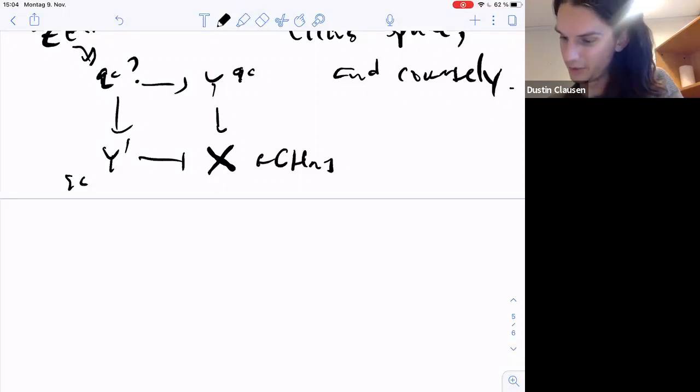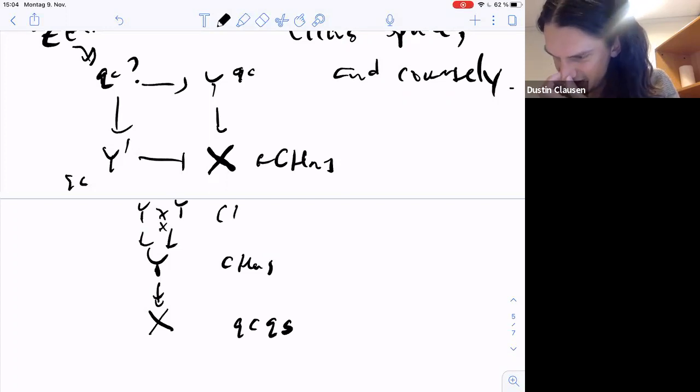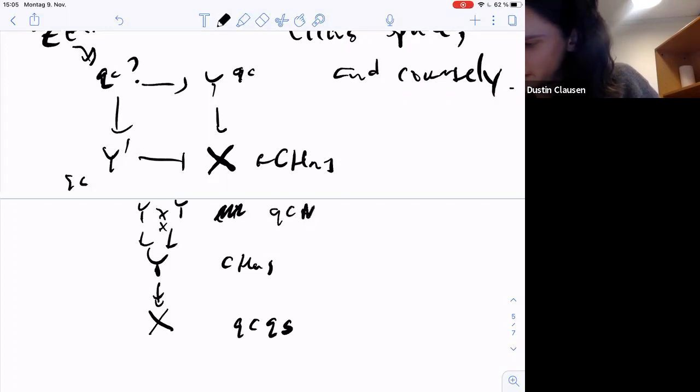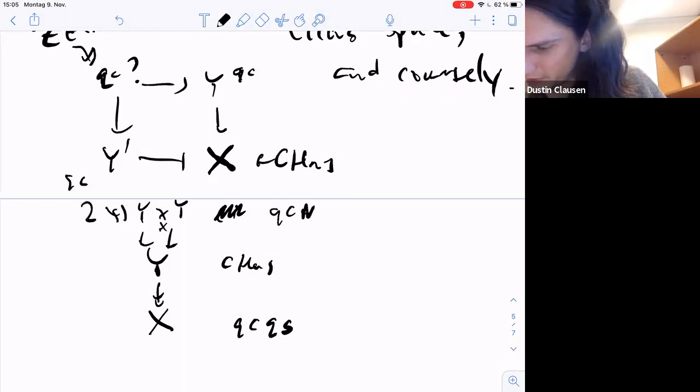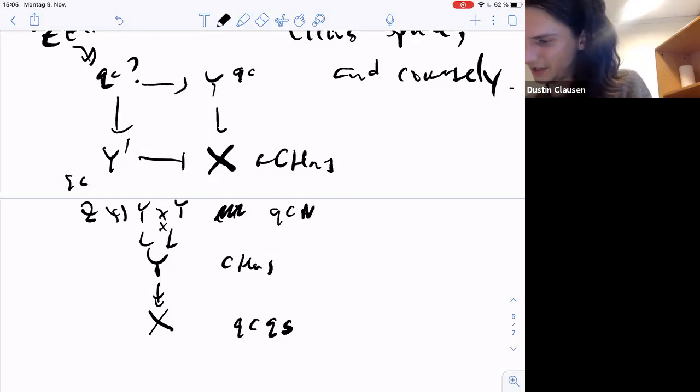Now, conversely, if you're quasi-compact and quasi-separated, well, we can make a surjection from a compact Hausdorff space Y. But then the fiber product Y cross_X Y is also going to be quasi-compact, and therefore we can make a surjection onto it from a compact Hausdorff space Z. And now what does that tell you?